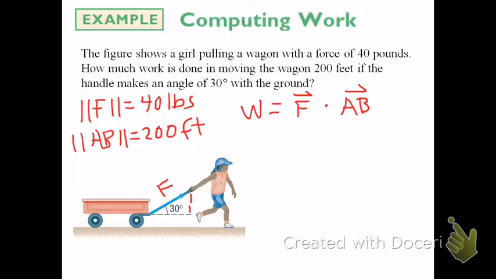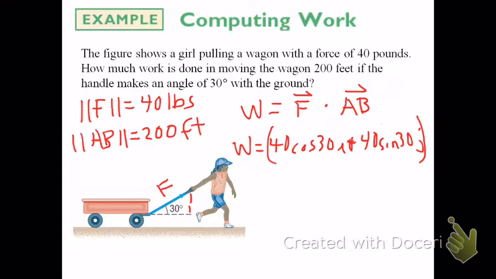So we're going to end up with work equal to 40 cosine, the magnitude of the force times the cosine of 30 degrees, and that's our I component, and then we're going to add to that 40 sine 30 degrees, and that's our J component for F. And then we're going to dot that with our AB vector, which just has a horizontal component, doesn't it, of 200. So that's 200 I.